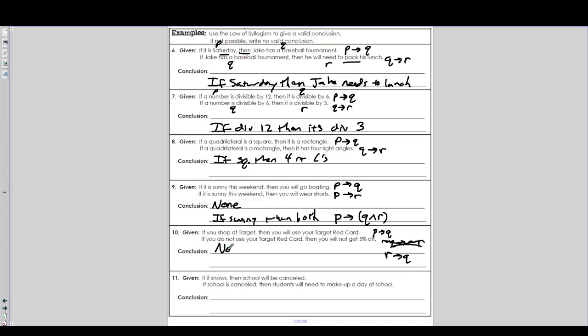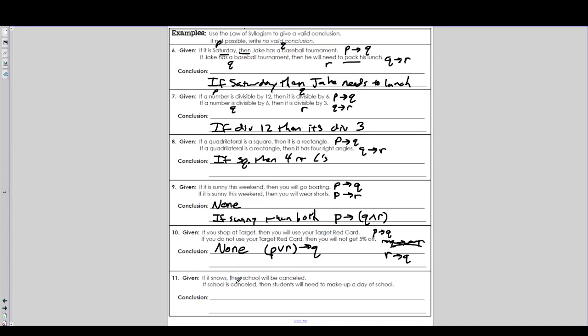We're looking at law of syllogism, so we won't worry about that right now. So it says if P then Q, or if R then Q. So we could say if P or R then Q, but that's not using law of syllogism. So again, that's just kind of a side thought. It's not really our topic here.